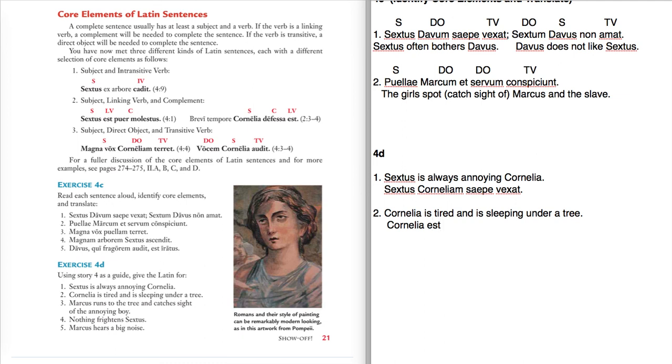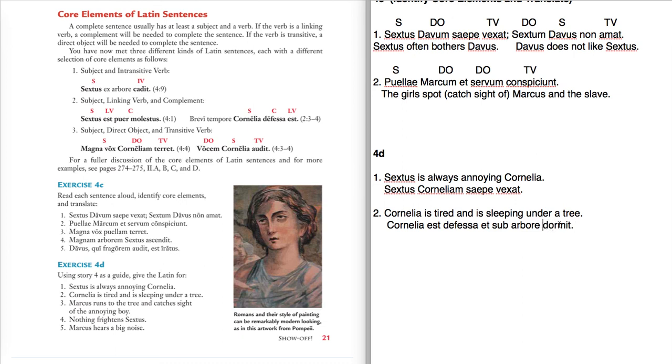So here we do need est. Tired is an adjective. It's a different thing to say is tired, which is a linking verb and an adjective, and is sleeping, which is really a helping verb with a verb, and that's done with one verb in Latin. So here we'll say Cornelia est defessa et sub arbore, under a tree, and then we say dormit.